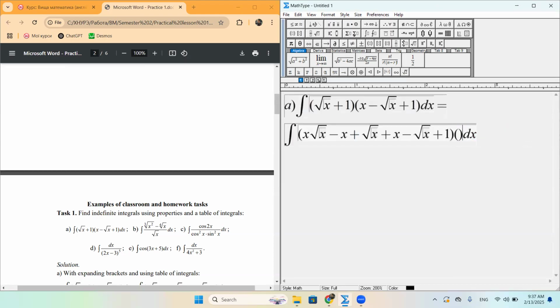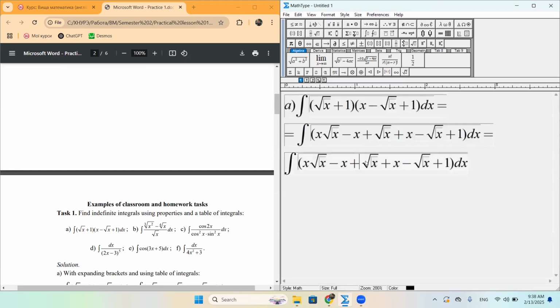Now let's simplify. So square root of x can be eliminated. X can be eliminated as well. So we just have a sum of these functions.